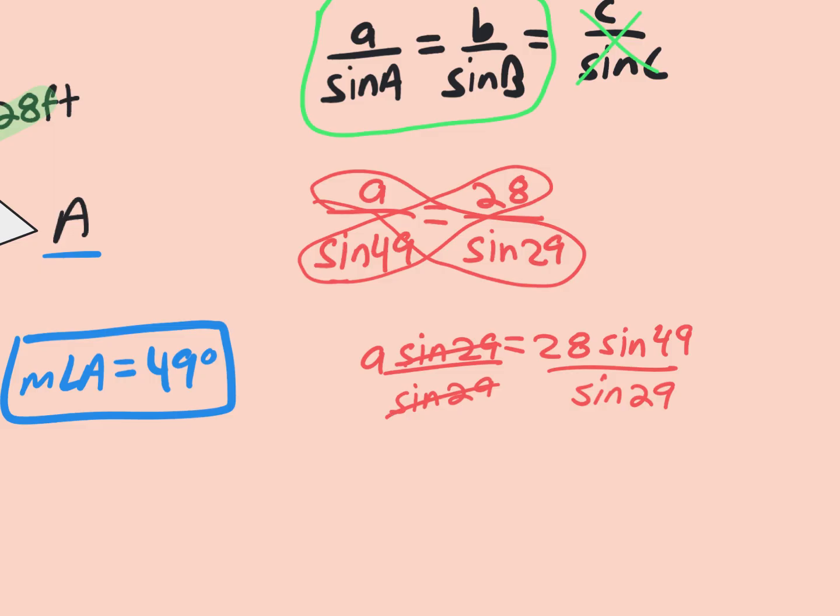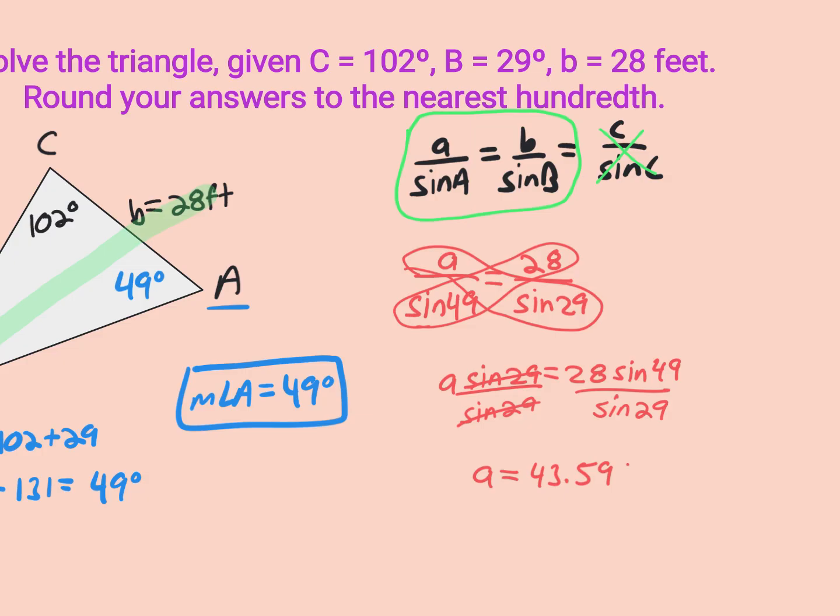And then A is going to be whatever you get when you plug this in your calculator. So plug that whole thing in your calculator. What mode should your calculator be in? Degrees. All right, we're not using any radians here. And it says round to the nearest hundredth. So what do we get? Nice, 43.59 feet.